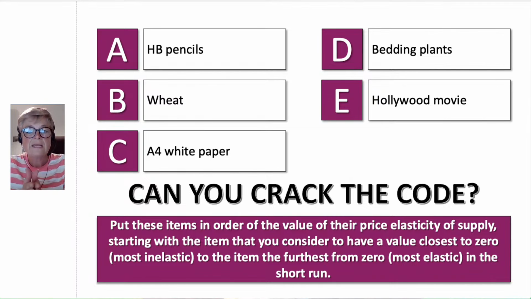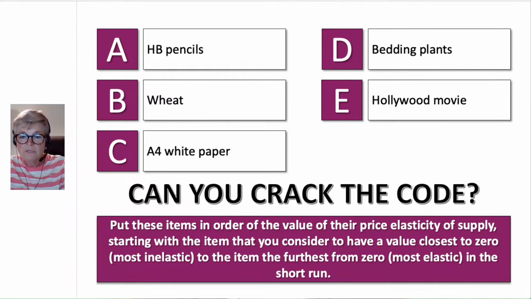So we want these in order of price elasticity of supply: the value closest to zero first, the most inelastic, going up to the most elastic. So we want the one that is unlikely to change in supply in the short run when the market price changes. What can't we suddenly supply more of if the market price changes?